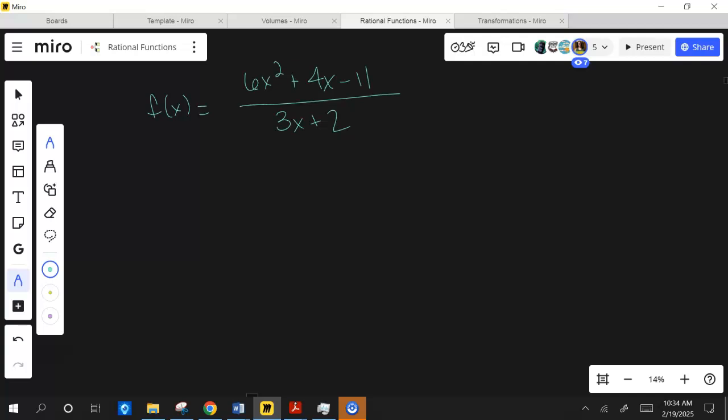One degree higher. Now, what happens when I am a higher degree up top than I am in the bottom as far as horizontal asymptotes? I have no horizontal asymptote, right? Because I'm top heavy. So slant asymptotes will never have horizontal asymptotes. They may have vertical, but not horizontal.